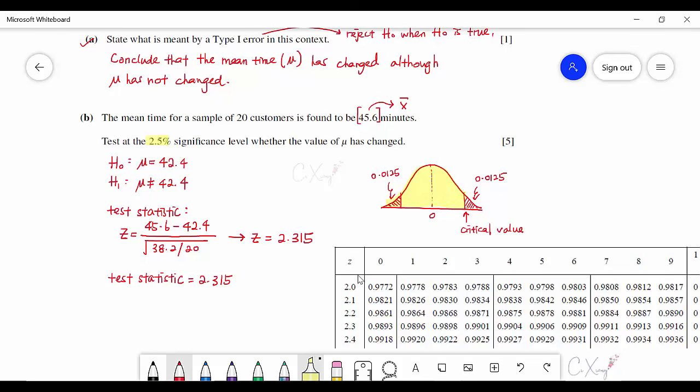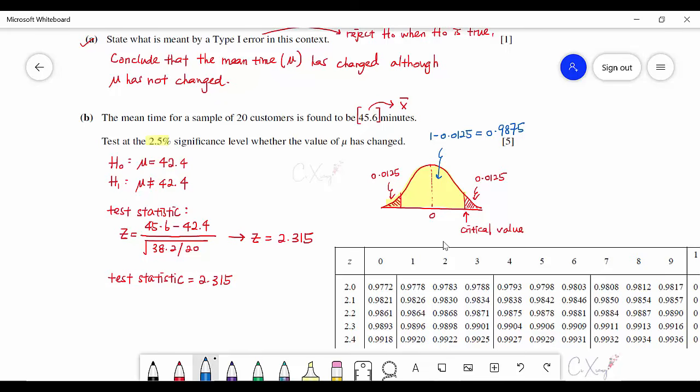This highlighted area should be 1 minus 0.0125, which you should get as 0.9875. This means that to get this critical value, you need to look at the Z value for 0.9875.